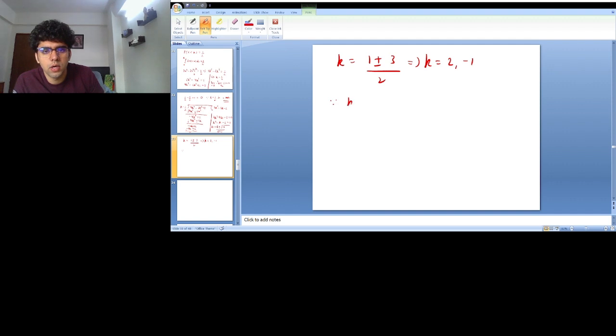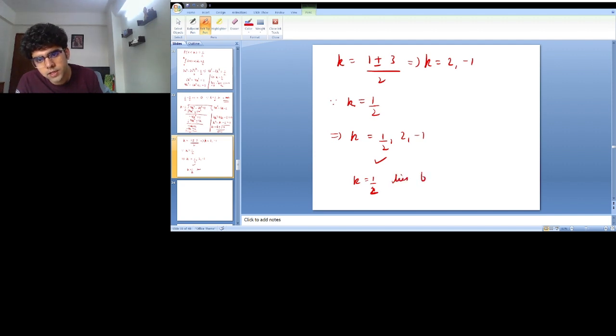And earlier I found that my root was k is equal to half, right? So my roots are k is equal to half, 2, and minus 1, and only k is equal to half qualifies because only it lies between 0 and 1.